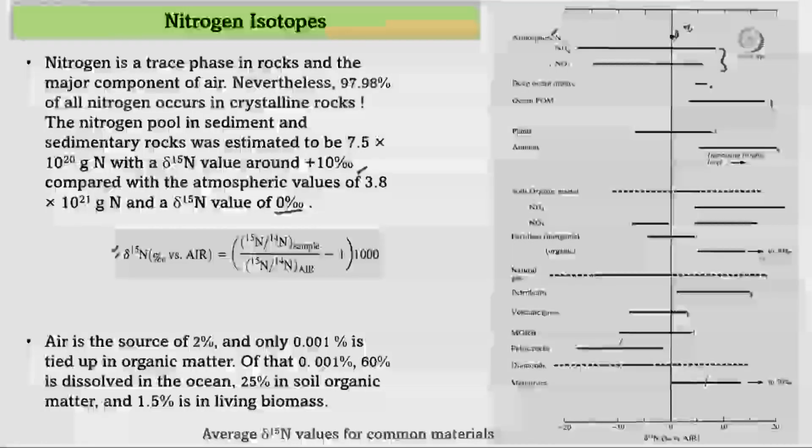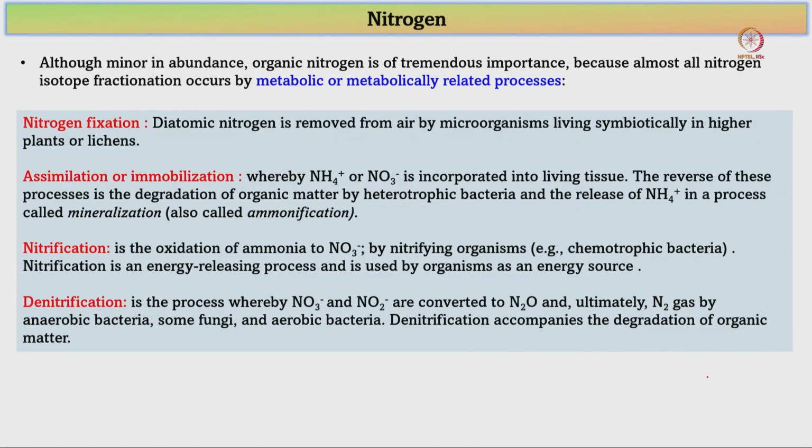But the question is, what is controlling these variabilities and why do we see such variabilities? Although organic nitrogen is minor compared to the rock nitrogen, only 1.5% of the 0.001%, this small contribution is also very important, because all nitrogen isotope fractionation occurs by metabolic or metabolically related processes.